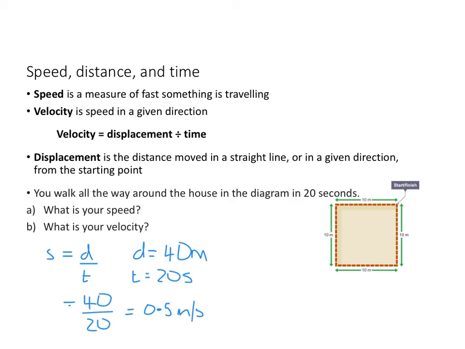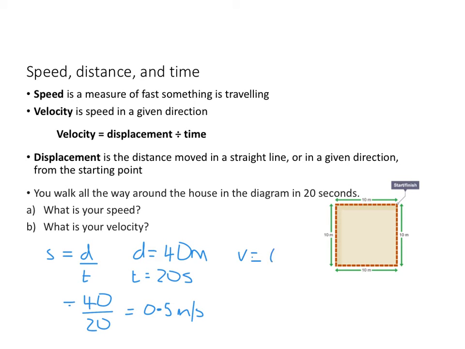To find the velocity, we use almost exactly the same equation, but it's displacement this time. It's the distance moved in a straight line or a given direction from the starting point. So how far have we moved once we've walked all the way around the building? We've gone 10 meters away, moved across 10 meters, moved back up 10 meters, and then moved back to our starting point. So this time our displacement is 0.